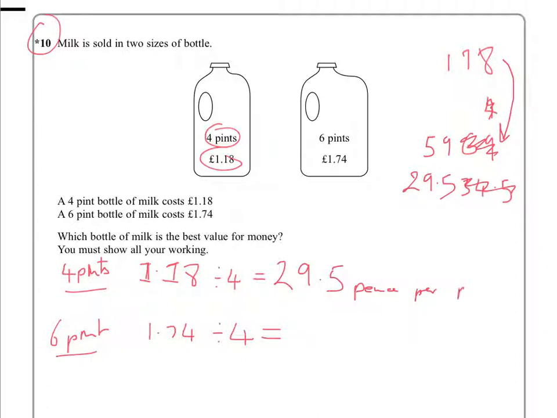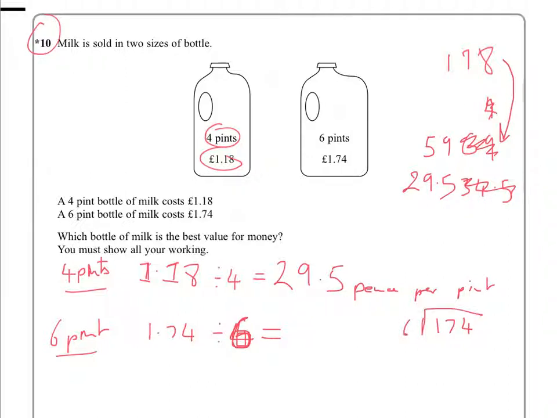per pint. And then for the 6-pint one, it's 174 pence for 6 pints. Oh dear, I'm making loads of mistakes on this question. 174 pence for 6 pints. So if we divide it by 3, that would tell us the price for 2 pints. Or we could do it 174 divided by 6.